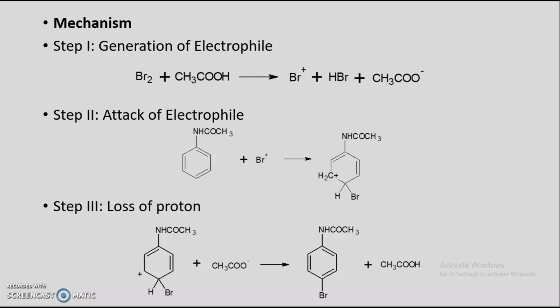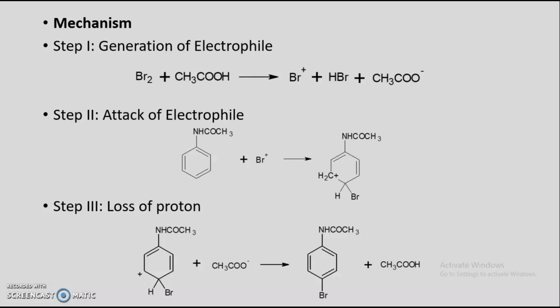Also, it is very difficult to carry out monosubstitution of primary amines by direct action of the appropriate reagent. If we carry out the bromination of aniline, it will produce 2,4,6-tribromo derivatives. So, when the amino group is converted into acetanilide, we are protecting the amino group by converting it into acetanilide.